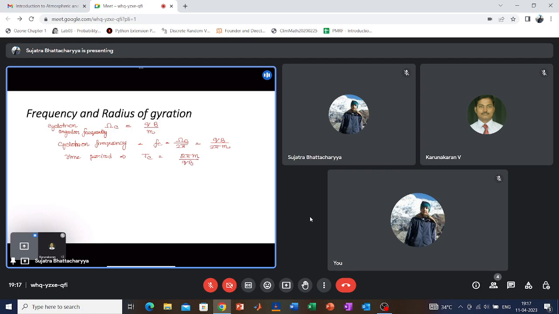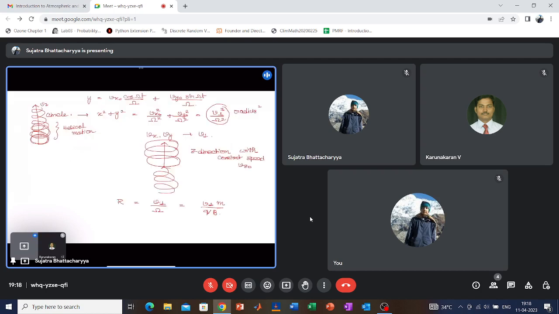The radius of gyration, which we have just now derived, is nothing but the radius of that circle. Suppose this is the center and this is the radius. So this is the expression of the radius of gyration.